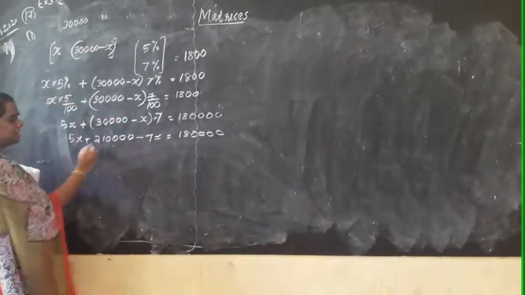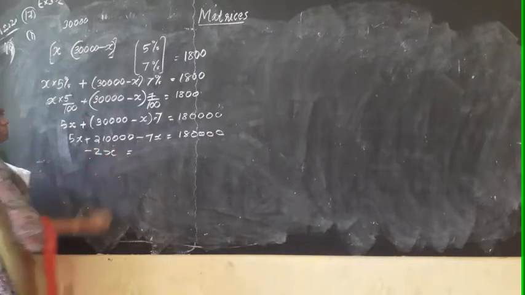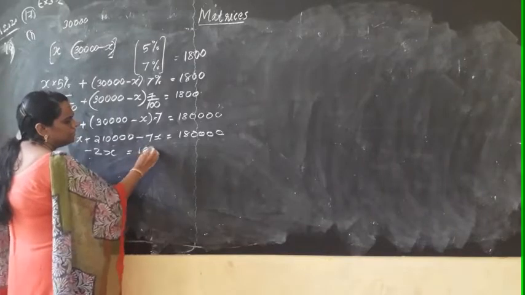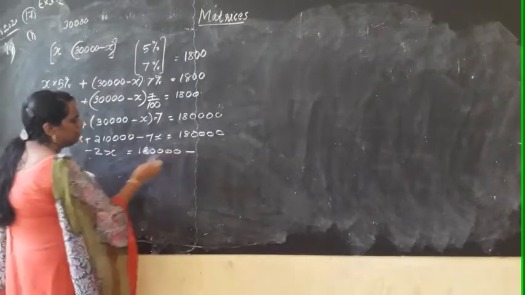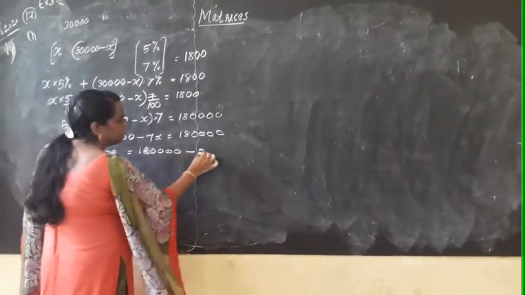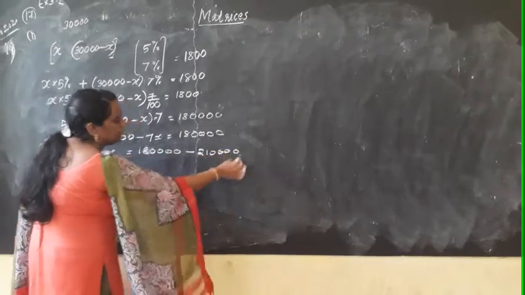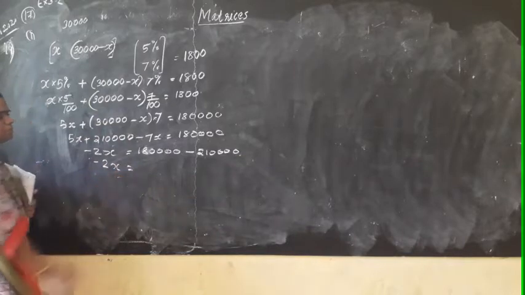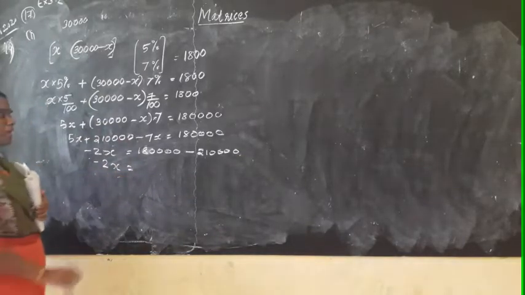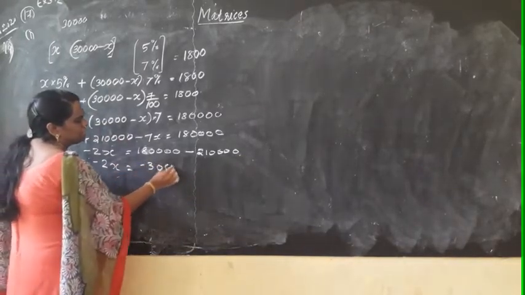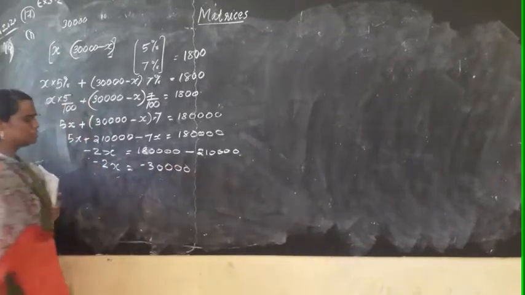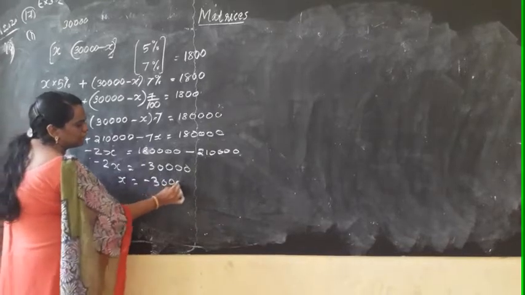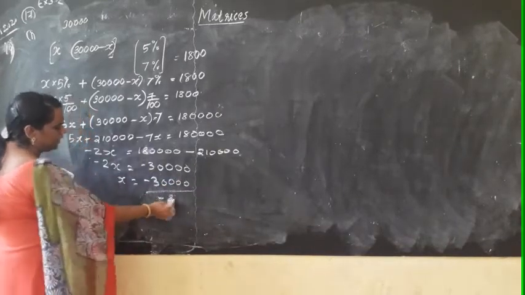Then 5x minus 7x is minus 2x, equal to 1,80,000 minus 2,10,000. We get minus 30,000. Okay, then x is equal to minus 30,000 divided by minus 2.